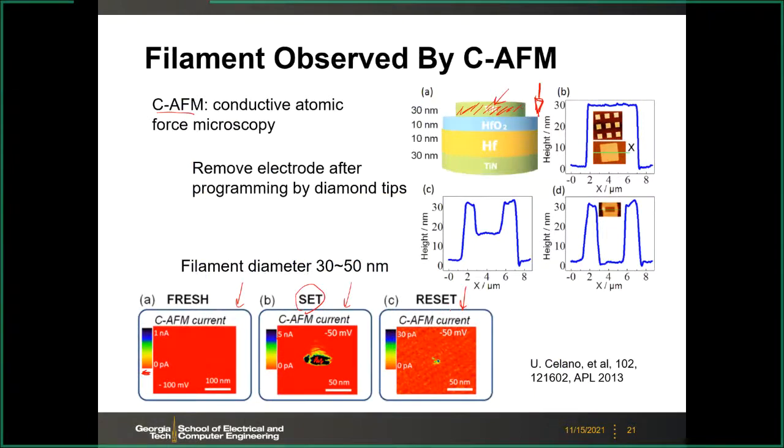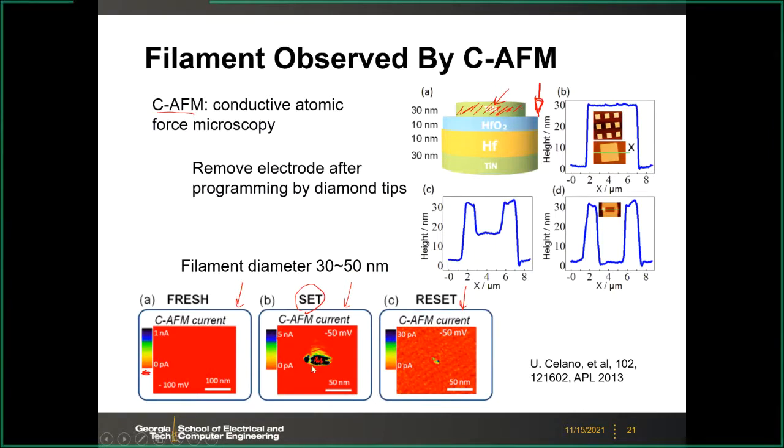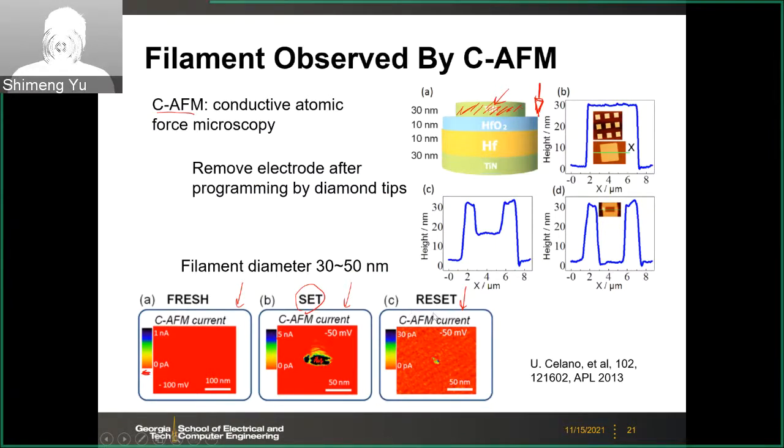And then after reset, you see this filament region kind of disappear. This means the filament is ruptured, and the residual filament only conducts like 30 picoamp as compared to the 5 nanoamp in the set condition. So this experiment verified the filament formation and rupture in this hafnium oxide RRAM device.